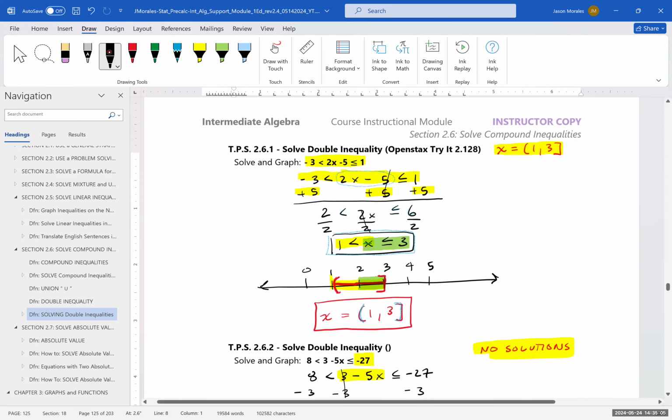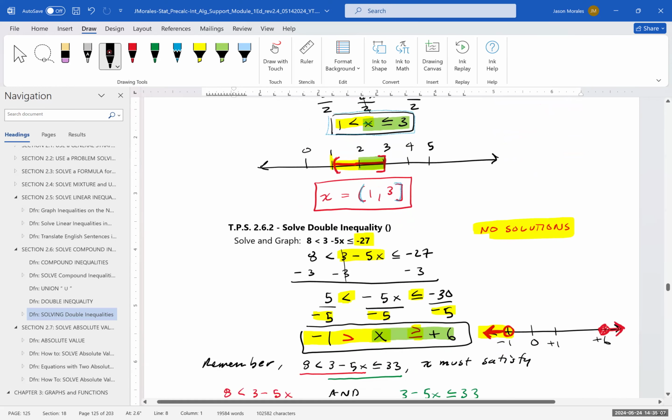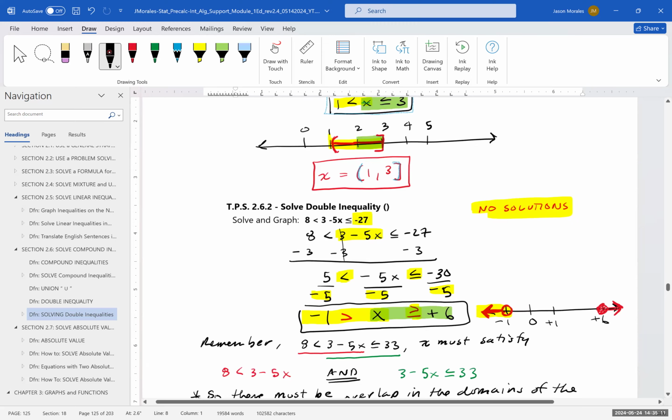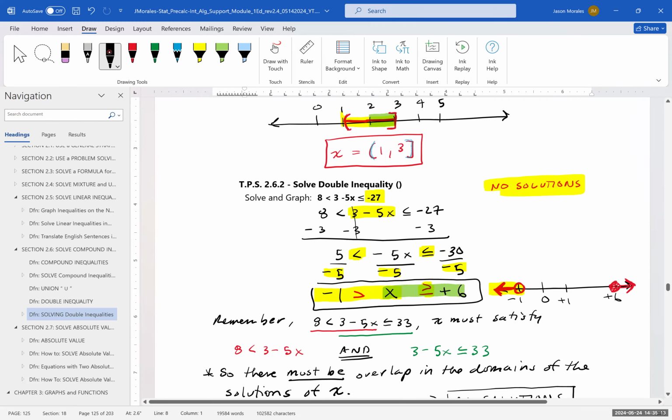Okay, we're back. So let's look now at this problem. Again, I just rewrote the problem, working from the inside out, subtracting 3 from all sides, and then dividing by negative 5.